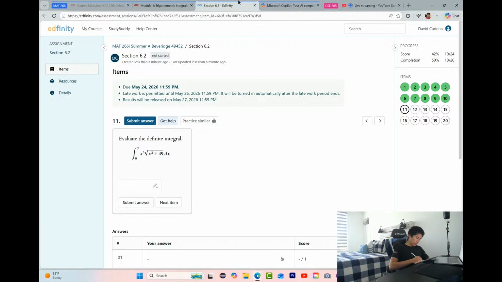So here we can good old factor. We have 7 outside, because if we factor 7, we get tangent squared of theta plus 1.